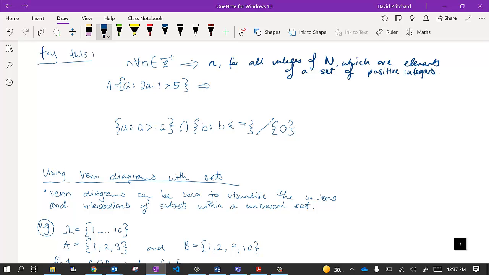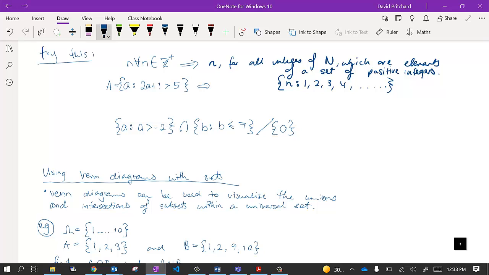So basically, this gives us a set including all positive integers. 0 isn't a positive integer. The first one is 1 up to positive infinity. So all these values can be n. Now, if we wanted to write that out, we could say that our set is n such that 1, 2, 3, 4, up to positive infinity.